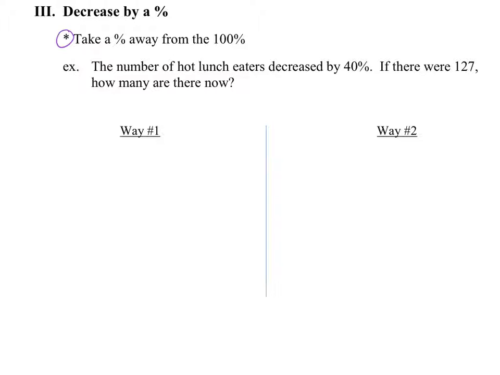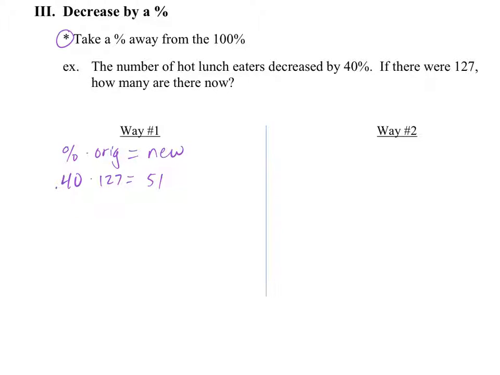Okay, but if hot lunch eaters decreases by 40%, the first way you could figure out percent times the original, and if you love one way, you could even skip writing it the other way. But if we want to figure out it's decreasing by 40, well, let's figure out how much does it decrease. So 40% of my 127 eaters gets me down to, I'm going to round it up to 51 people.